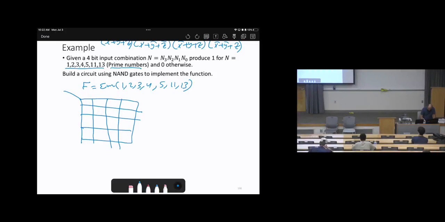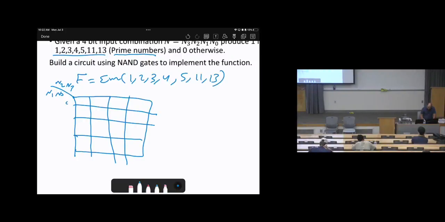Let's do the N0, N1 here, then here N2, N3. Okay. 0, 0, 0, 1, 1, 1, 1, 0, 0, 0, 0, 1, 1, 1, 1, 0. Here is the location of N1. Here is the location of N0. This is the location of N2. This is the location of N3.